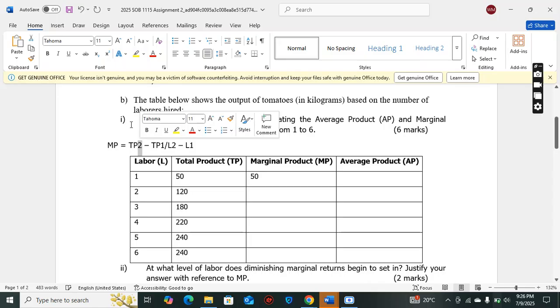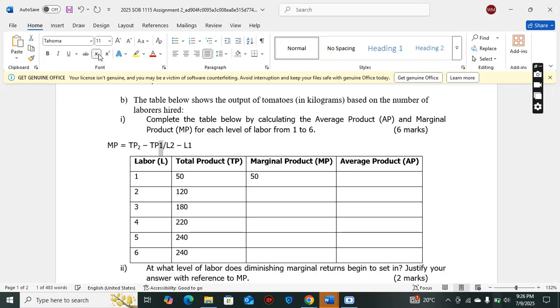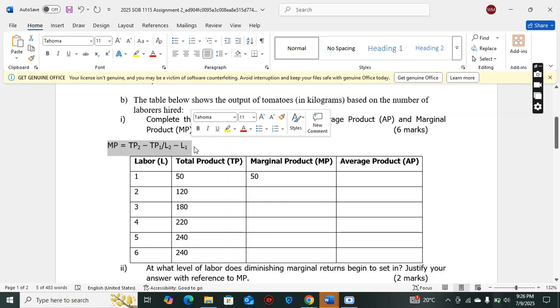That is the formula. And I believe here you have to show all your workings. But for this video, I'll just skip putting through this formula, okay?